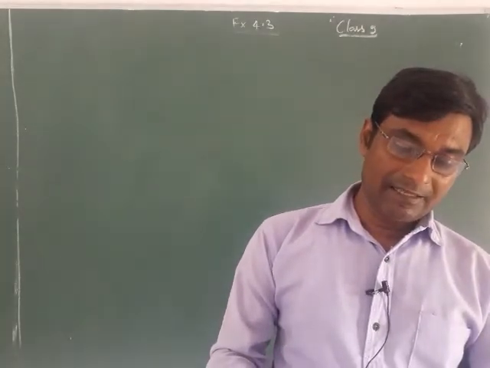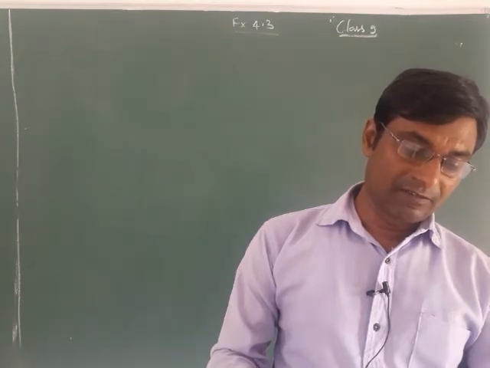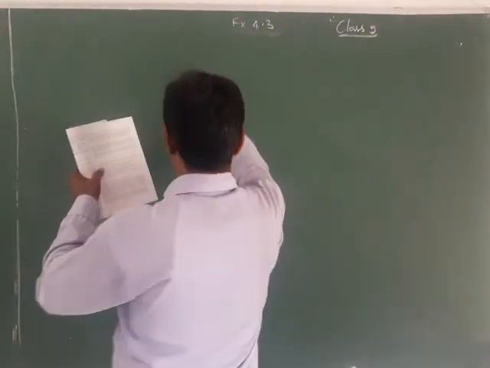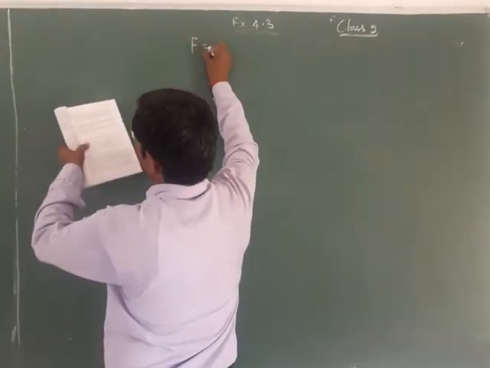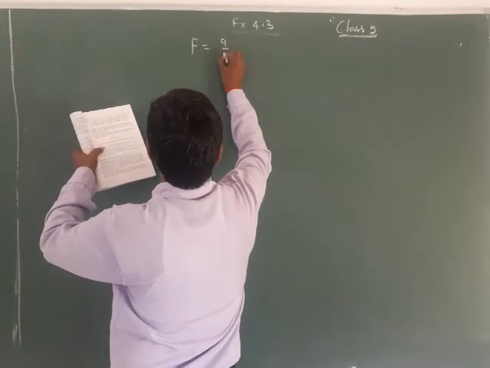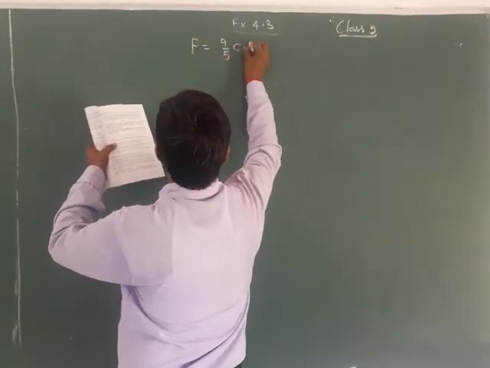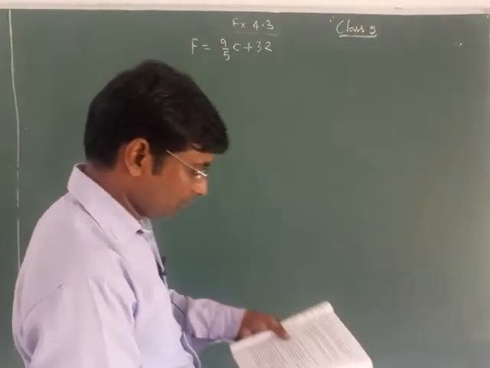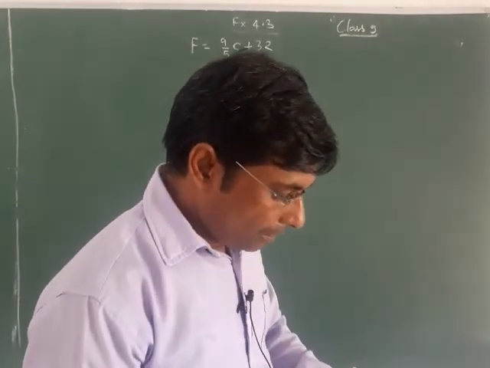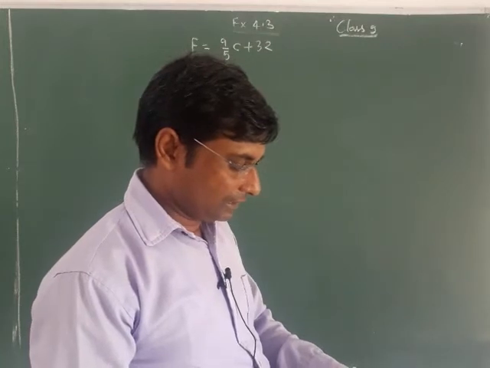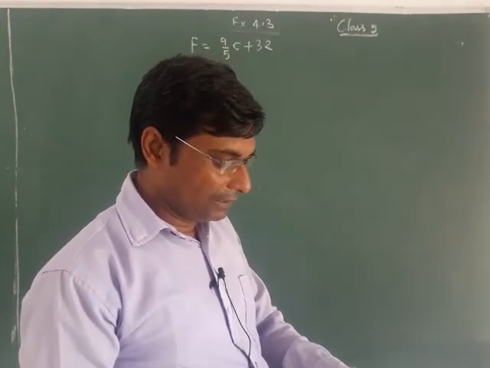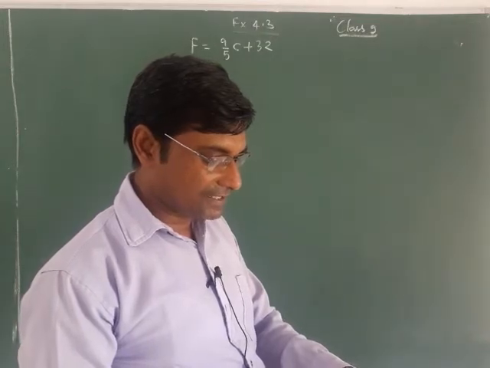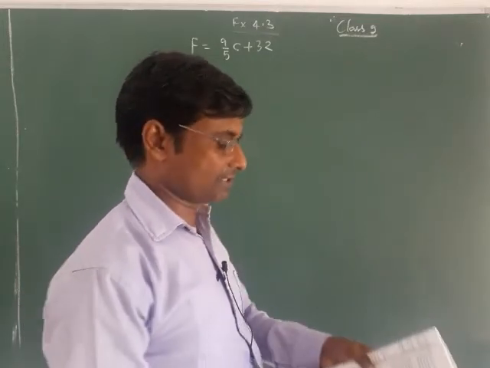Here is a linear equation to convert Fahrenheit to Celsius. The given equation is F is equal to 9/5 into C plus 32. First, draw the graph of the linear equation above using Celsius as the x-axis and Fahrenheit for the y-axis.